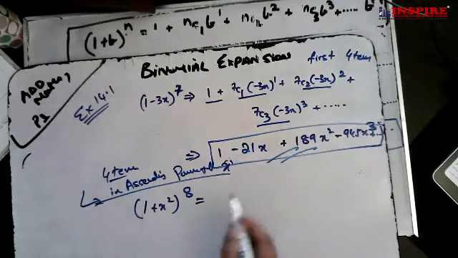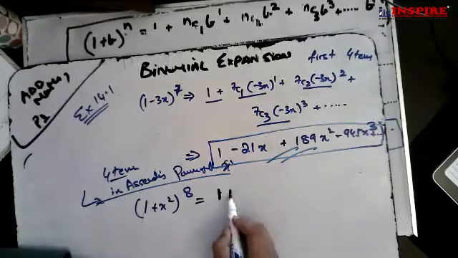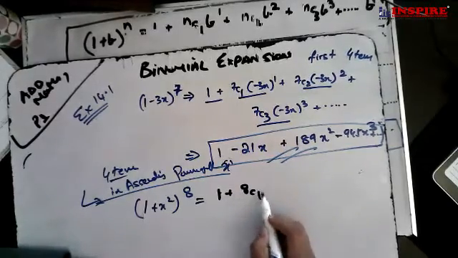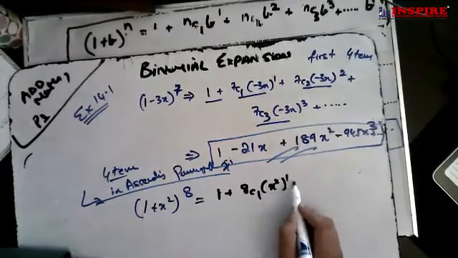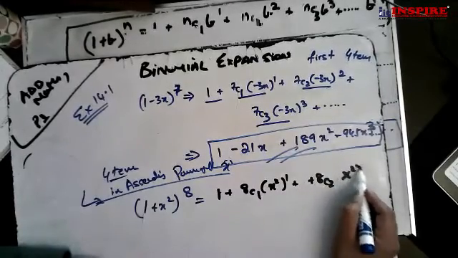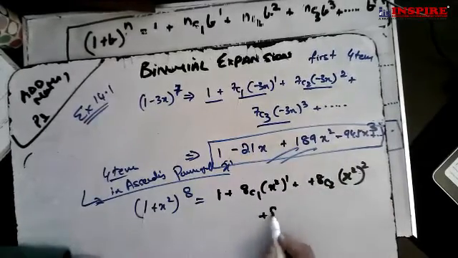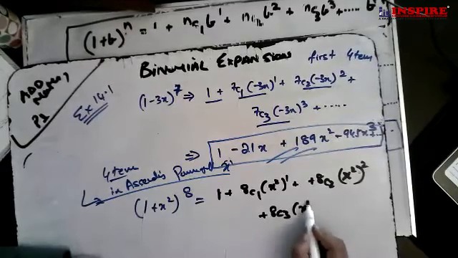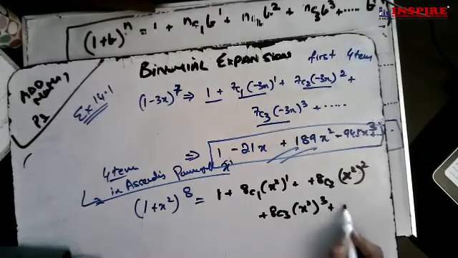Let's go. So this is going to be 1 plus 8c1 x squared to the power of 1 plus 8c2 x squared to the power of 2 plus 8c3 x squared to the power of 3 plus dot.